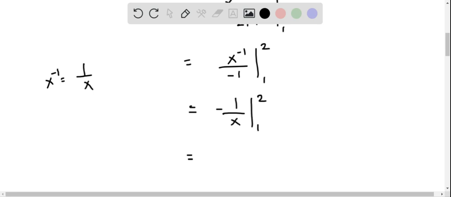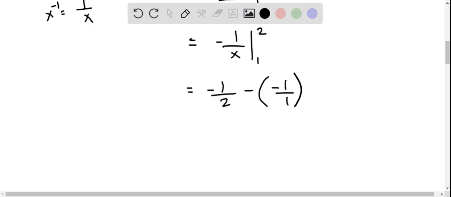Now we can apply the limits. I put negative 1 by, and now I replace x by the upper limit 2, so it becomes negative 1 by 2. Then we subtract the value at x equal to 1, which is negative 1 by 1. Let's simplify this.